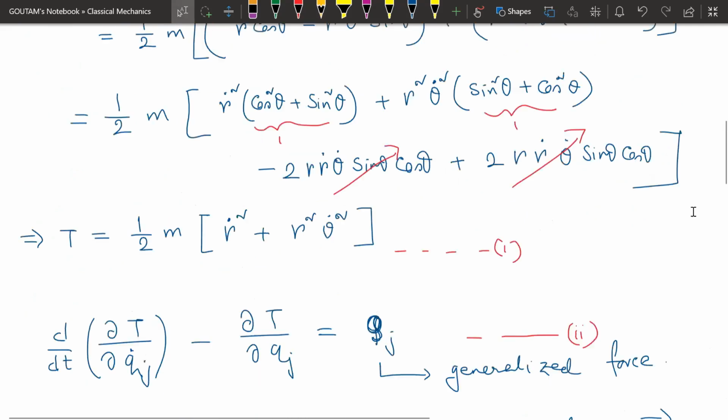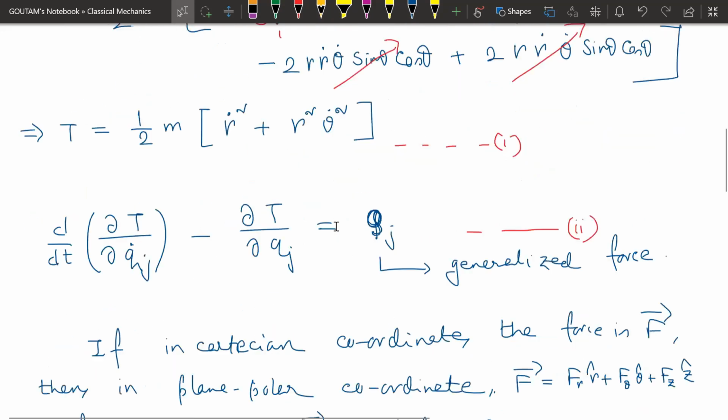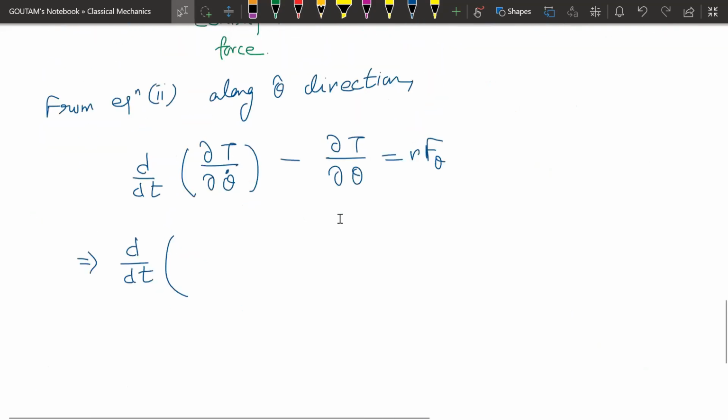What is del T del theta dot from equation 1? There is no theta dot dependence in the first term, only in the second term. If we take the derivative with respect to theta dot, we will get m r squared theta dot.